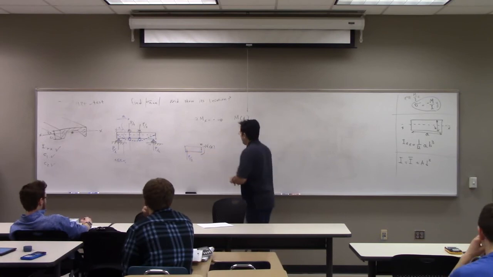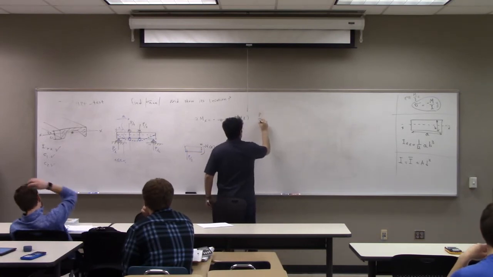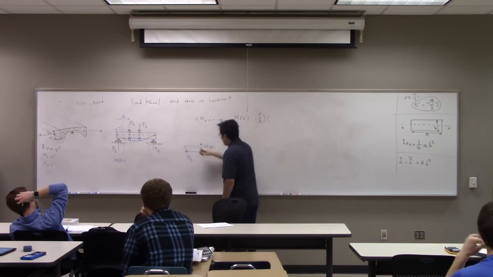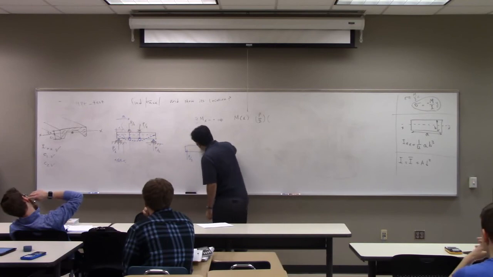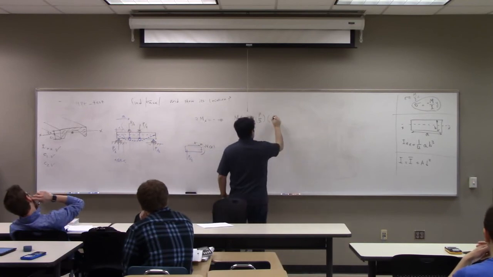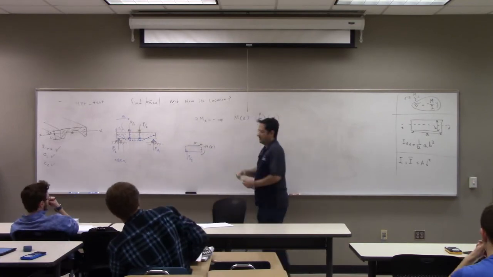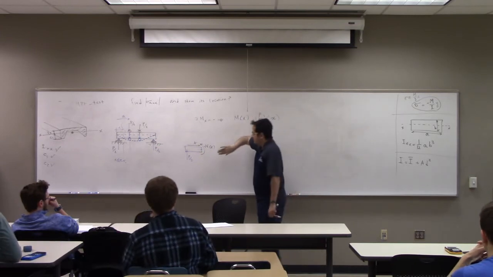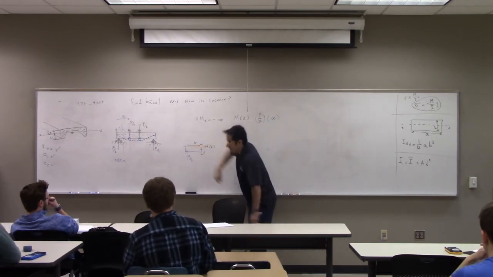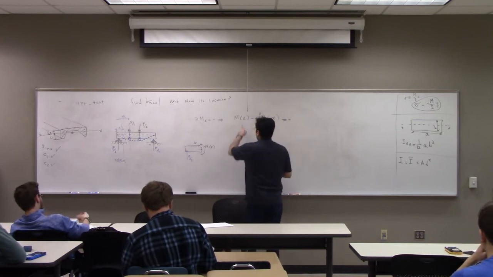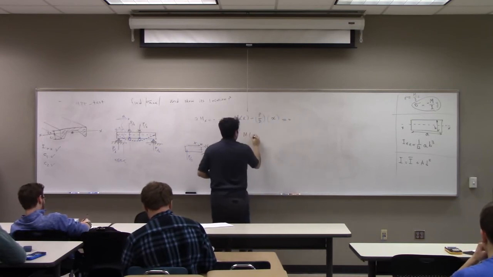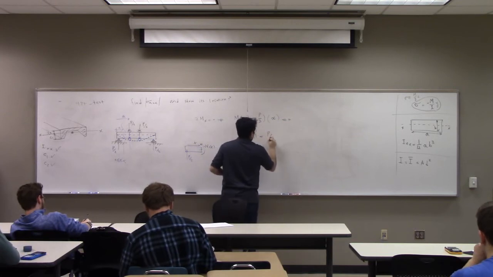Force times moment arm: P over 2 times the moment arm, which from here to here is x. So P over 2 times x, positive or negative? You take your right hand, negative. Is equal to 0. Solve for Mx: your Mx is equal to P over 2 x.